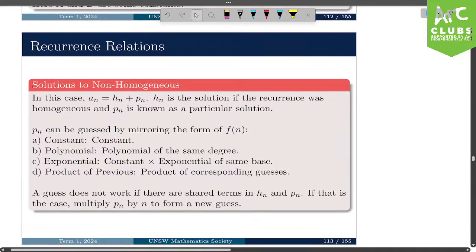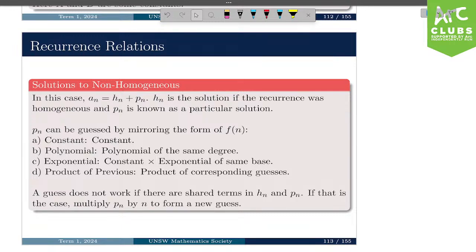With recurrence relations, I think this is pretty important. How we want to solve non-homogeneous relations is that we split it into two. We have this solution, H_n, as if it was homogeneous, and then we consider a P_n to get rid of the non-homogeneity in some sense.